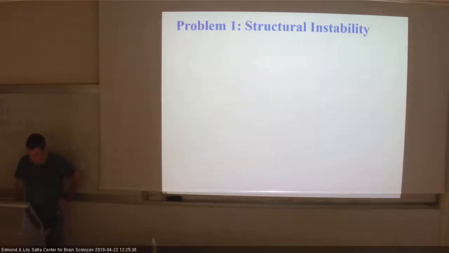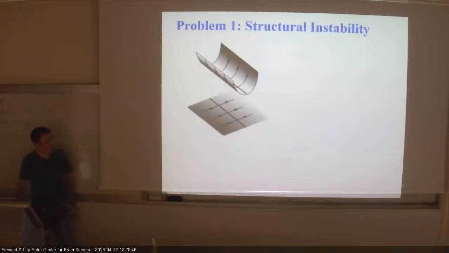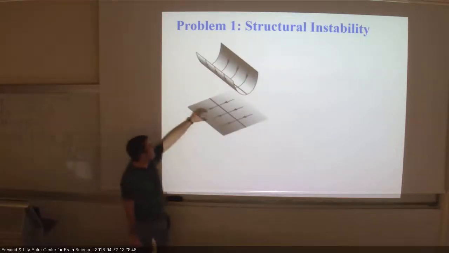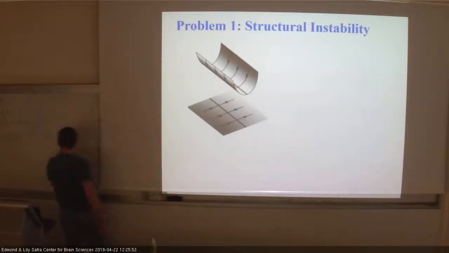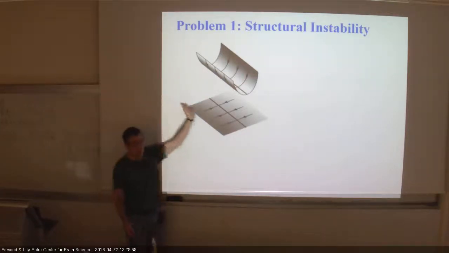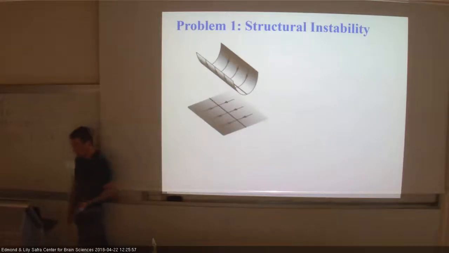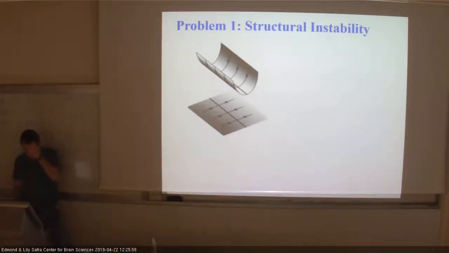I would like to go back to the issue of structural instability. So the idea that small changes to the connectivity are expected to have a large effect on the ability of the network to integrate.